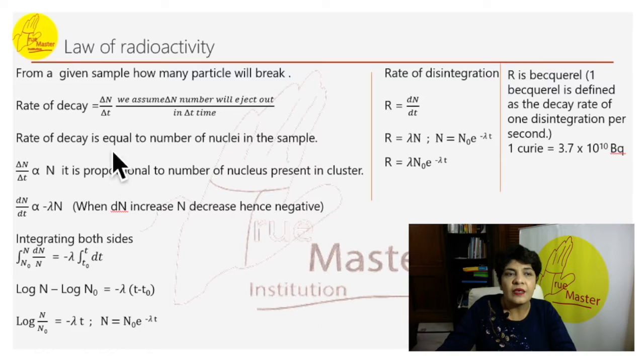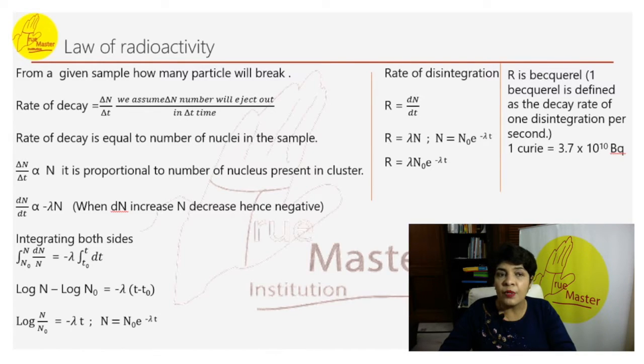N naught is the number of radioactive nuclei present initially, at time T naught. N represents the number of radioactive nuclei present in the sample at any instant of time.